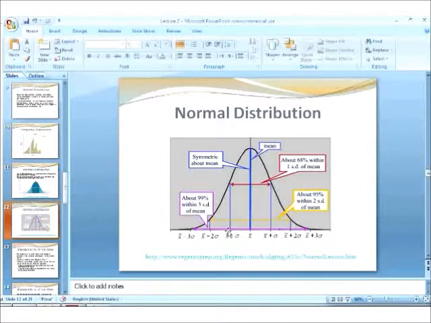So it has deviated 3 times from the mean, while 68% has deviated 1 time from the mean.